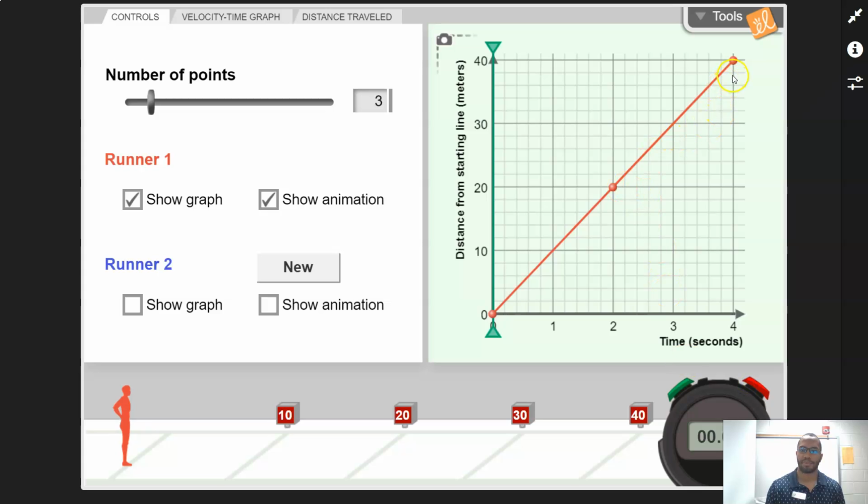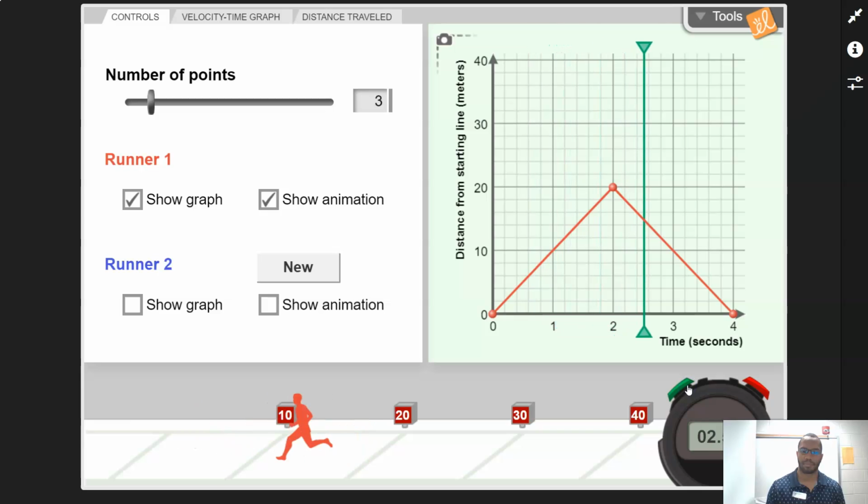Let's try another example. All right. How far did the runner travel? The runner traveled 40 meters.